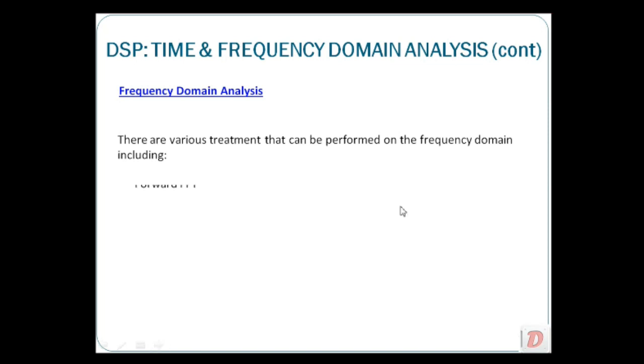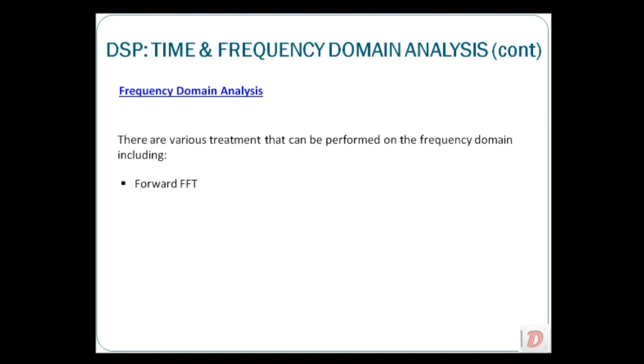machinery faults. So of course, you have this forward FFT, like what I mentioned to you. From the time domain, using this forward FFT, you get the frequency domain or spectrum. This spectrum basically separates all the frequency components available in the time domain.